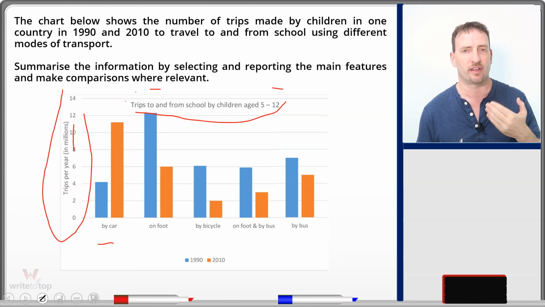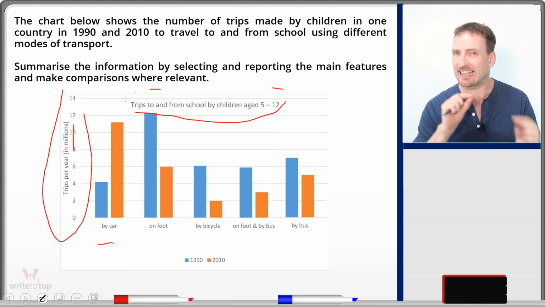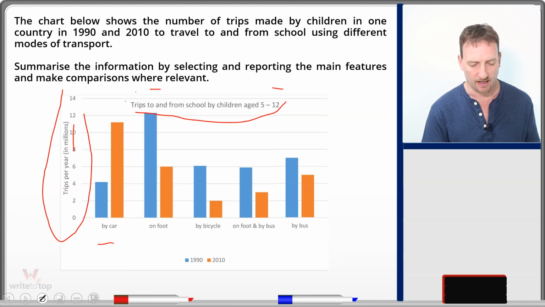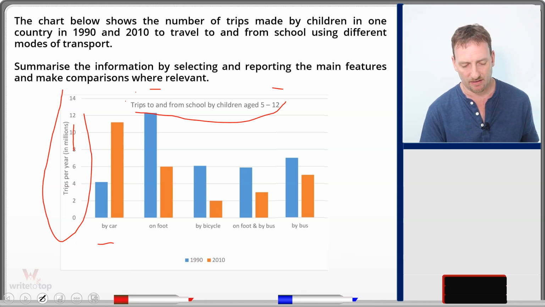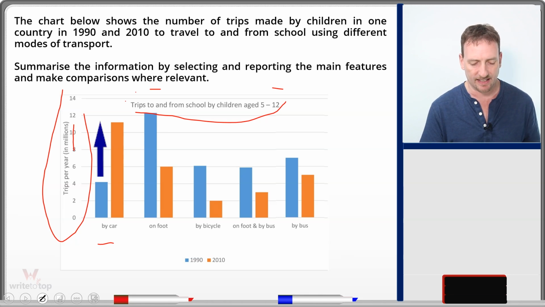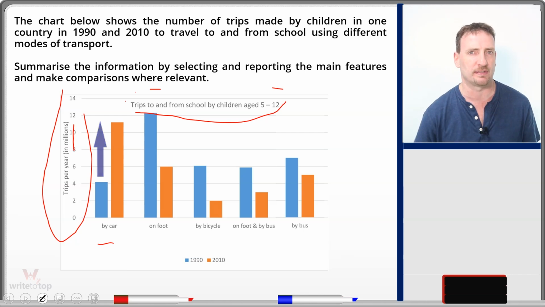Now remember, one of the things you're going to need to do is pick out the main features or make comparisons. So one thing you can already tell is that basically in terms of the orange lines, let's say in 2010, everything basically went down from 1990 except by car. And 1990 to 2010, obviously the opposite is true there as well.